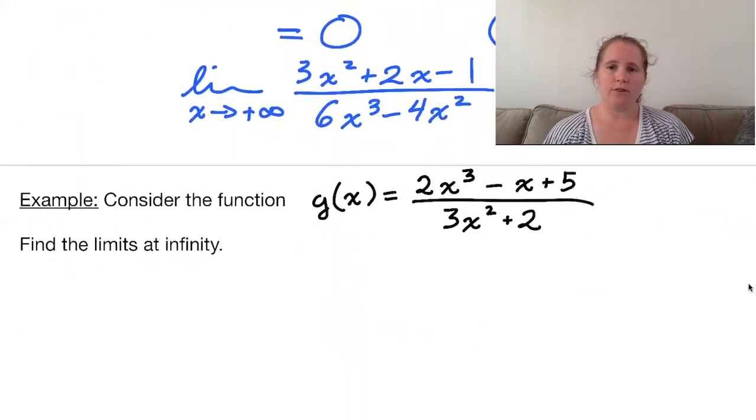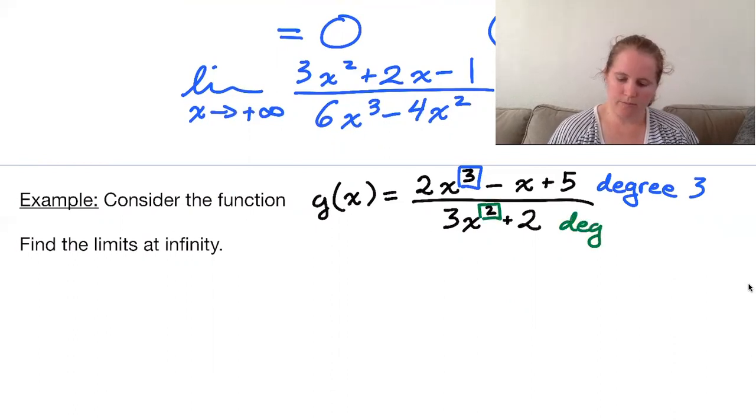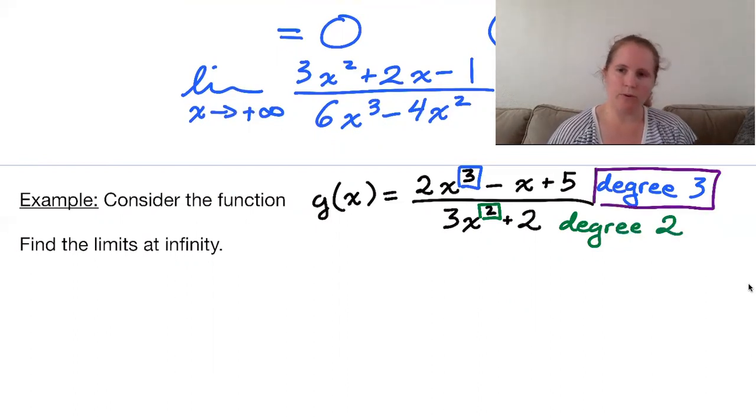Now let's consider the function g of x equals 2x cubed minus x plus 5 over 3x squared plus 2. Here we have degree 3 up top and degree 2 down below. That means our numerator in this case will overrule.